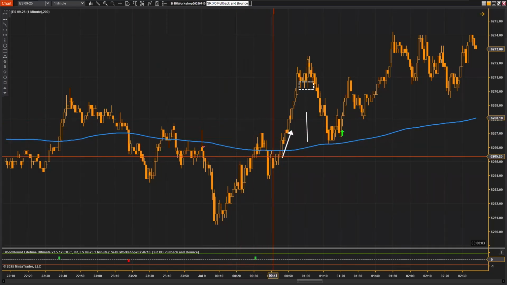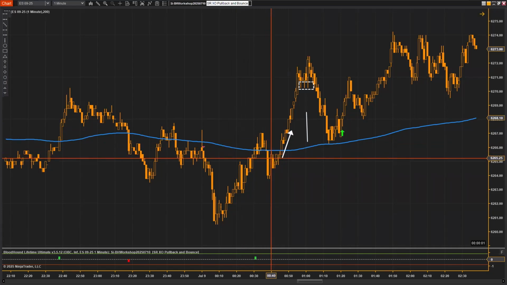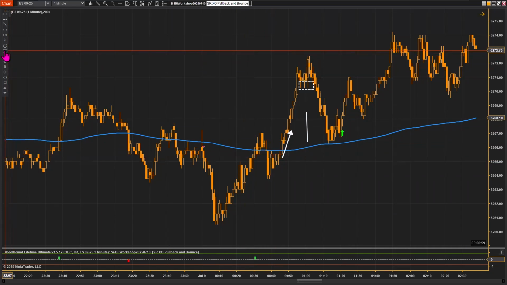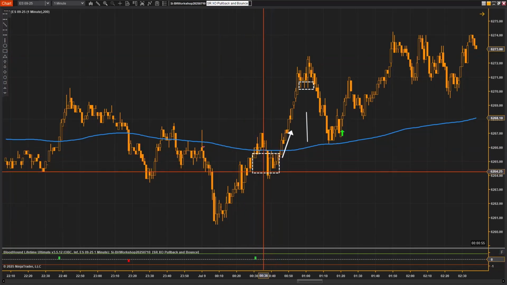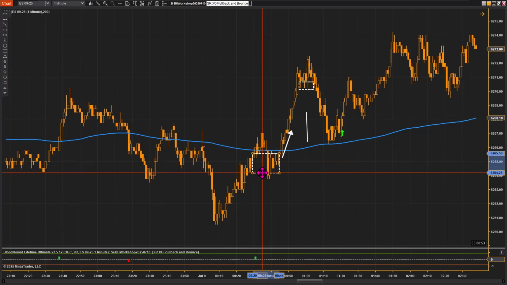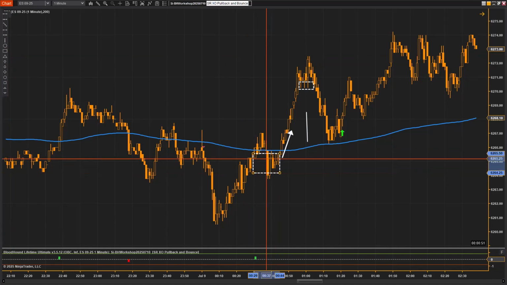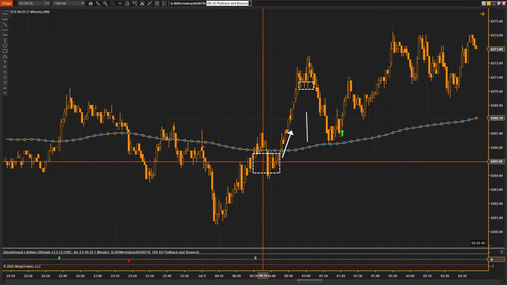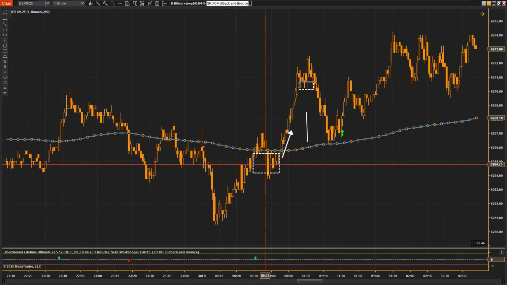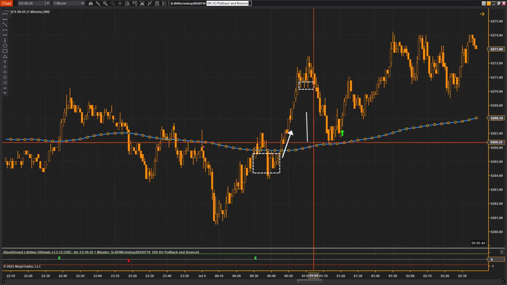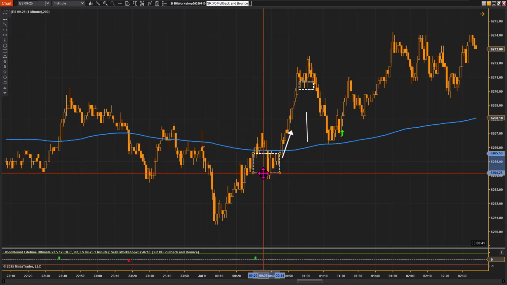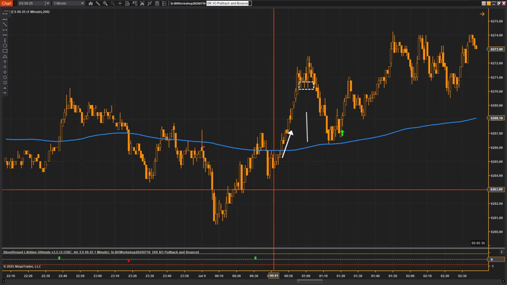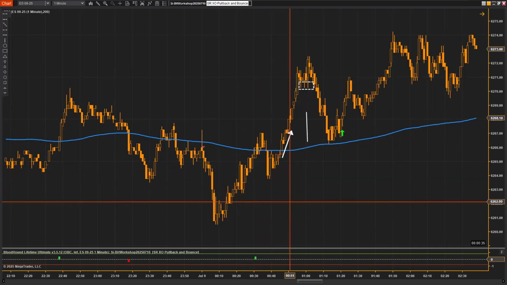We required the market here to be on one side of our support resistance level for 20 bars. And yeah, we didn't get that here. So we actually killed that signal there. Right? So there's always pros and cons to putting these requirements in there.